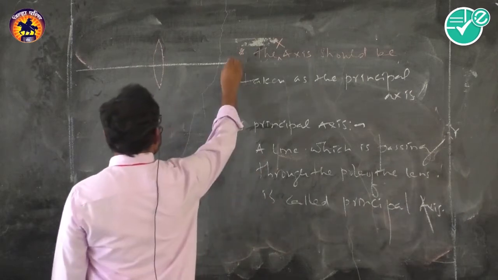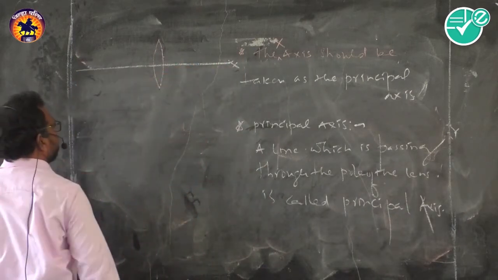So the x-axis is always supposed to be the principal axis.